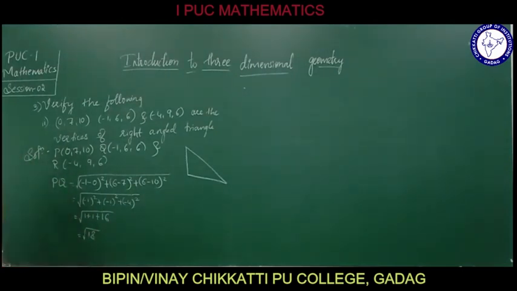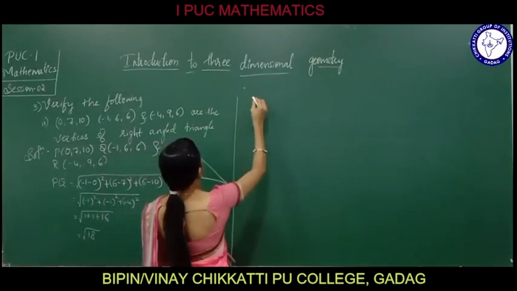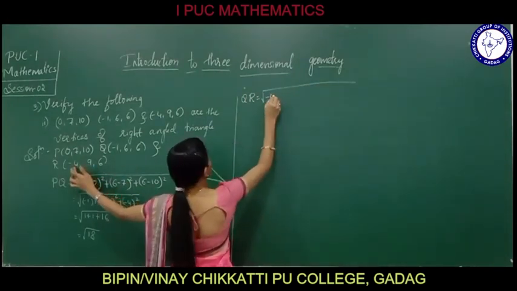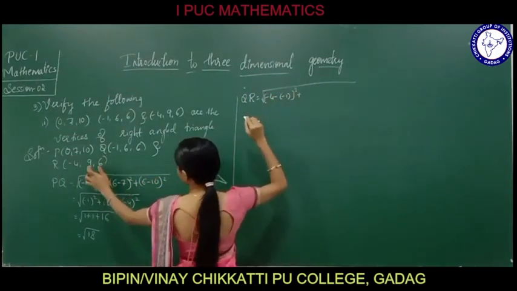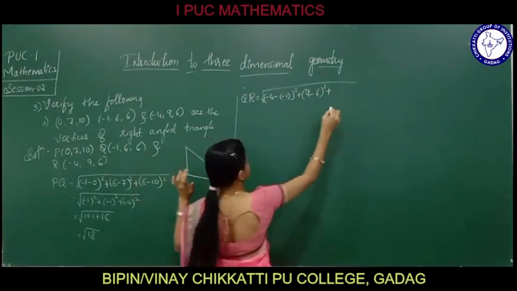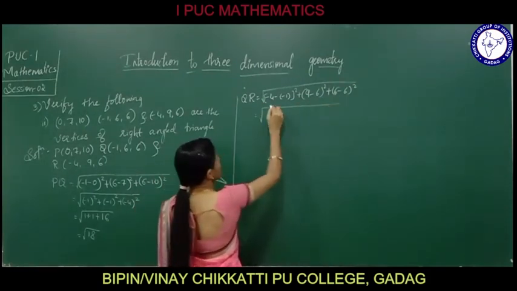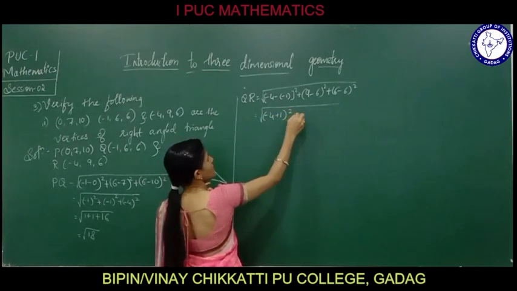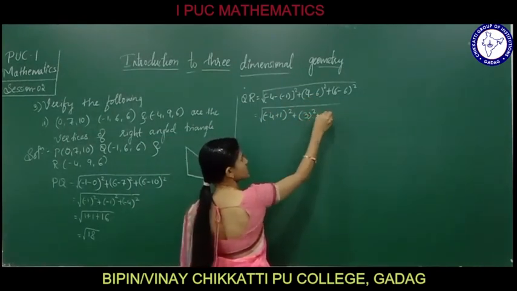This is for PQ. Let me find QR. It is going to be root of minus 4 minus of minus 1 square plus 9 minus 6 square plus 6 minus 6 whole square. Minus into minus is plus, so minus 4 plus 1 whole square plus 3 square plus 0 square, since 6 minus 6 is 0.